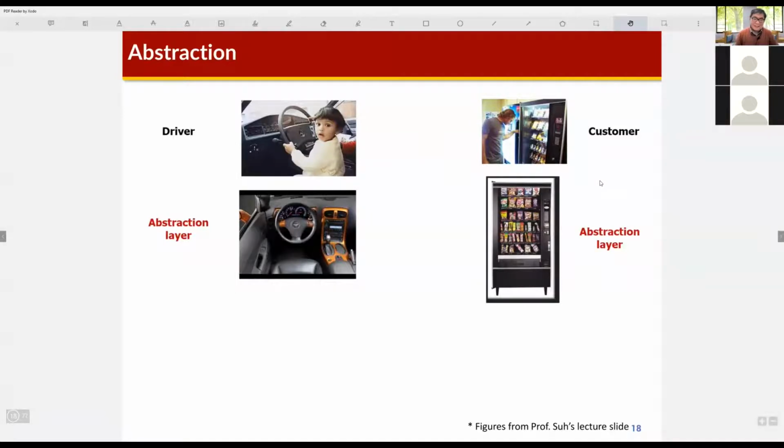In this slide, you can see a very cute kid, and this kid is trying to drive a car. It's not safe, but it's just a comic photo. So let's say that you try to drive a car.